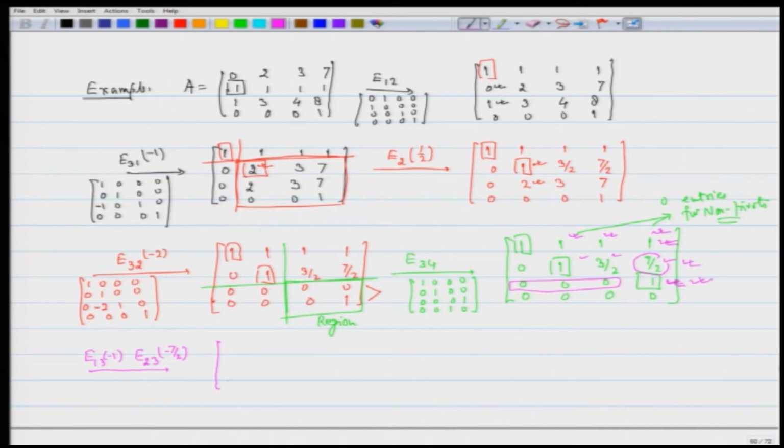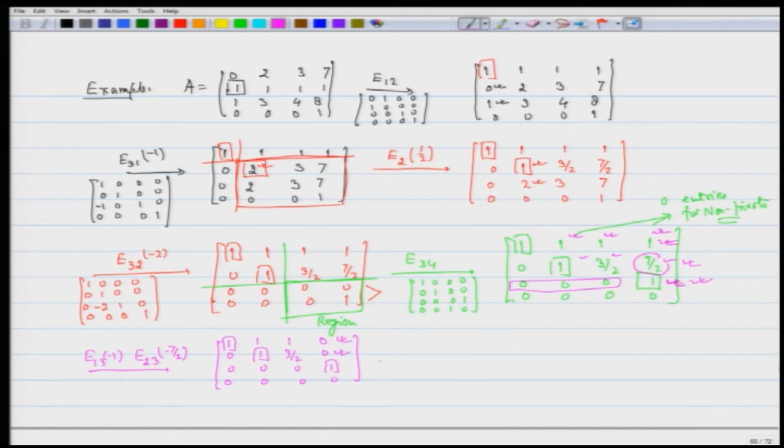So, I can write here 0 0 0 0, 0 0 0 1, 0 1 3 by 2 0, 1 1 1 0. All right. And not only that, if I want to play with this now, there won't be any change in these zeros. Fine.